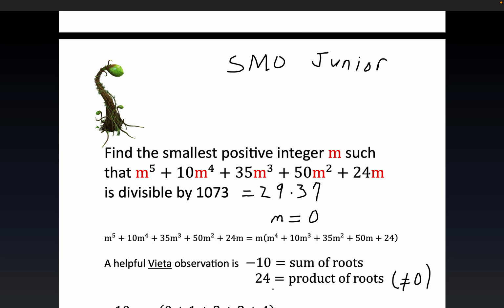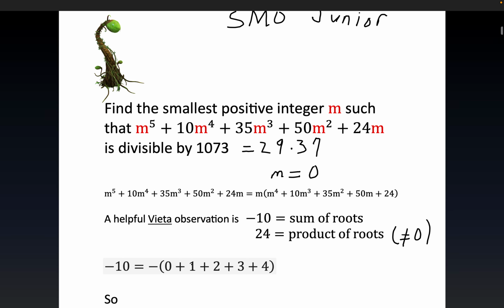But in any event, what we get here is negative 10. 0 corresponds to m equals 0, right? And then 1 plus 2 plus 3 plus 4 is 10, okay? Now there's a uniqueness about polynomials. If you find some roots, that's it. I'm saying that a priori there might be other combinations that would yield negative 10 and 24 for the roots.